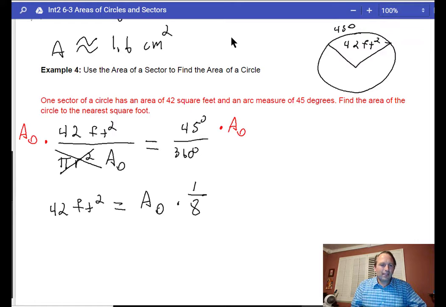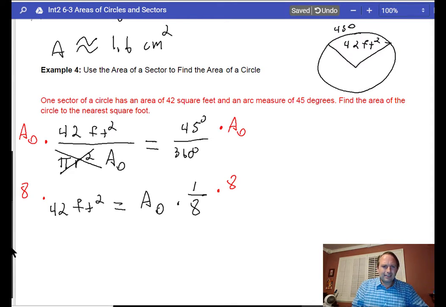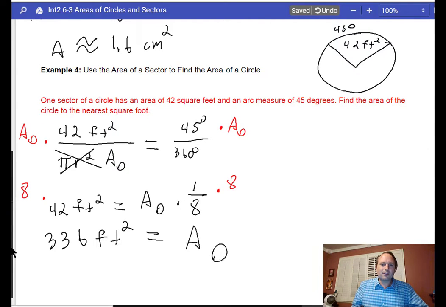So this would be 1/8. Well, how do I get rid of 1 over 8? I just times 8 on both sides. So now if I times 8 on both sides, 8 times 2 is 16. 8 times 4, 32. So 336 feet squared is equal to the area of the circle.